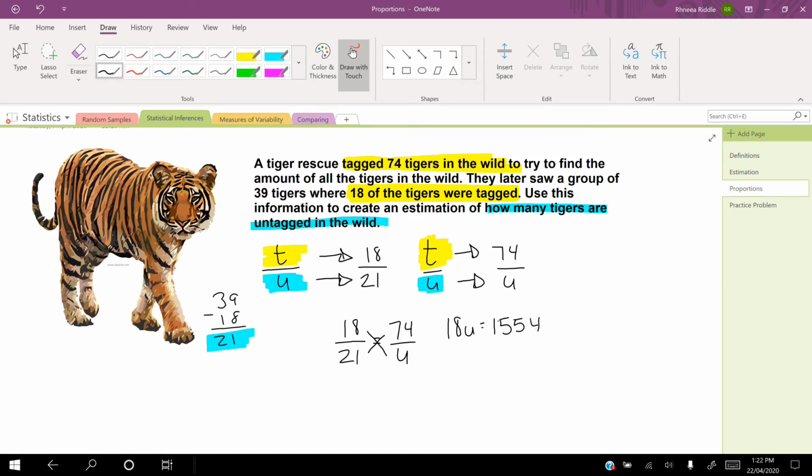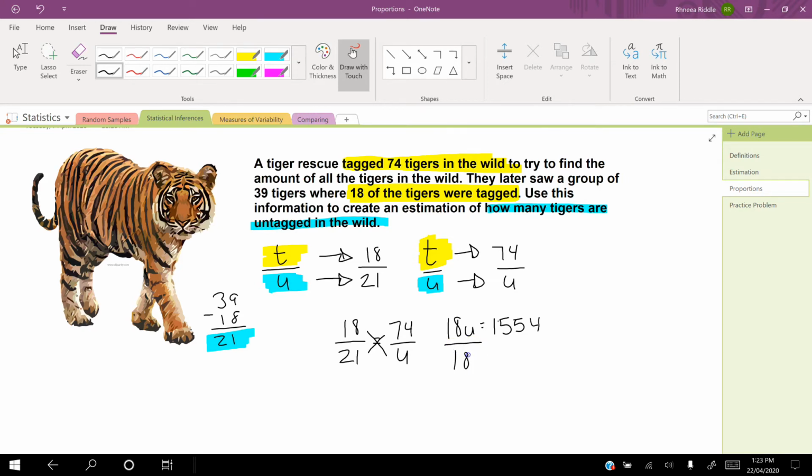Now we look at this and we see that we can't multiply 18 by u because we don't know yet what u is. So we need to undo what is happening to that u. So when we ask ourselves what's going on, we can see that 18 is multiplying that u. So to undo multiplication, we need to do division.